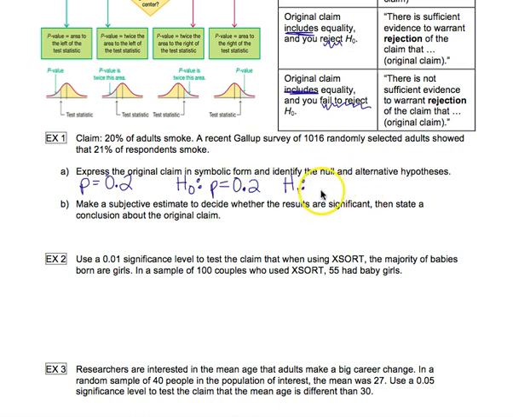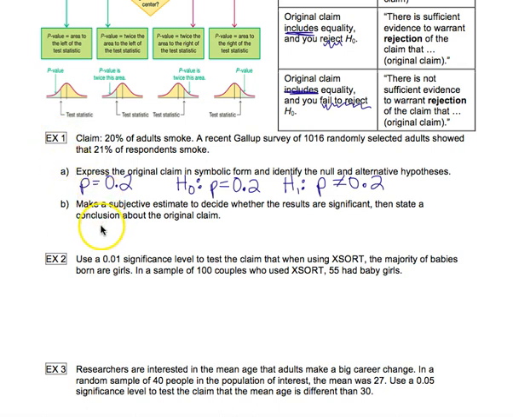Our alternative hypothesis has to be the opposite of this guy, in that if we're saying that our claim is that p is 0.2, the other possibility that exists is that p is not 0.2. And that is our alternative hypothesis in this case.